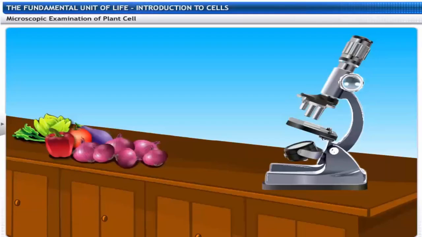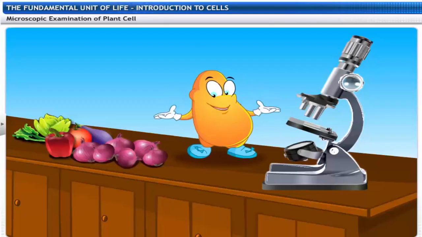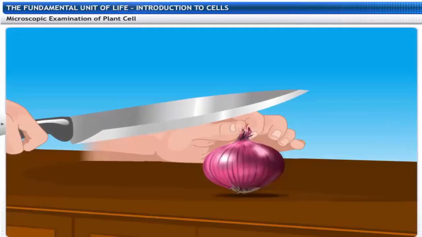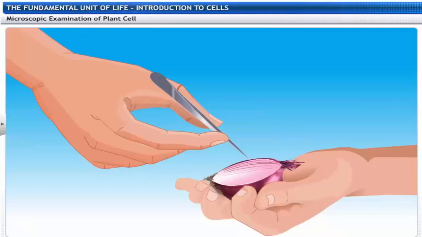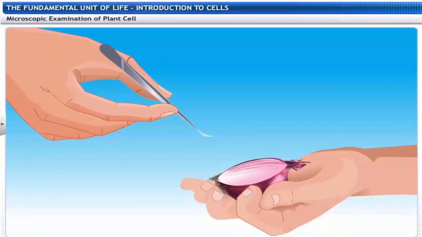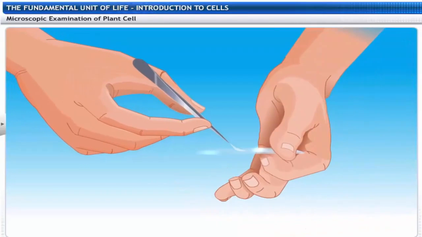Let's do a microscopic examination of a plant cell. Now, this is going to be fun. Here's an onion. We'll begin by cutting it into halves. Peel off the thin inner layer using forceps. Spread the thin peel on the glass slide.